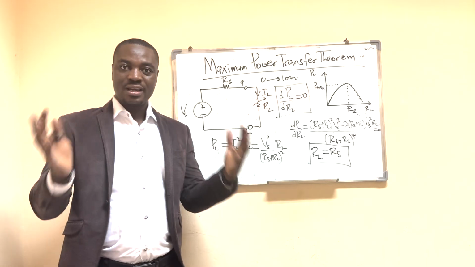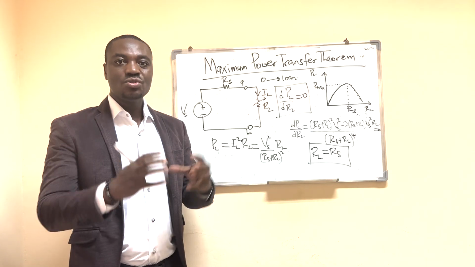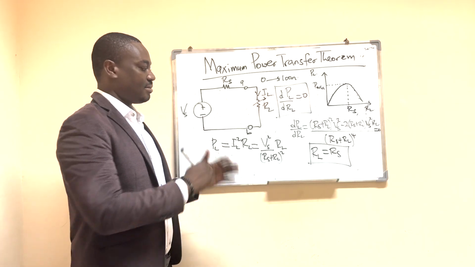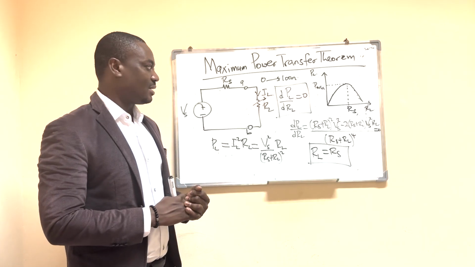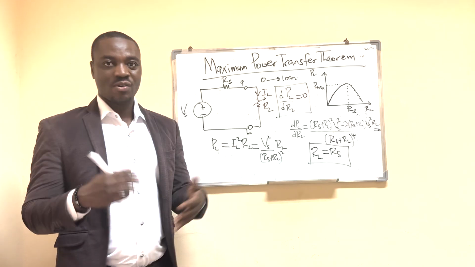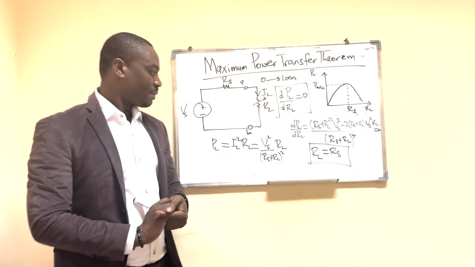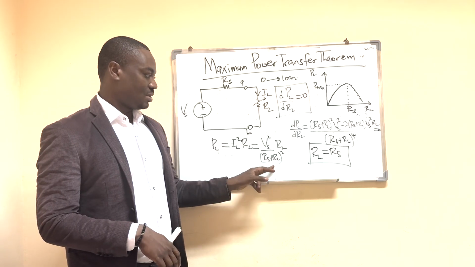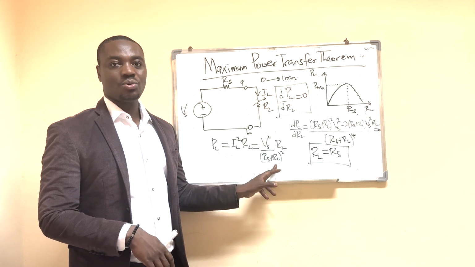But in order to avoid all this huge amount of work, we can make use of our knowledge of mathematics, right? If you look at the power dissipated by the load resistor, you can see this resembles a quadratic equation.